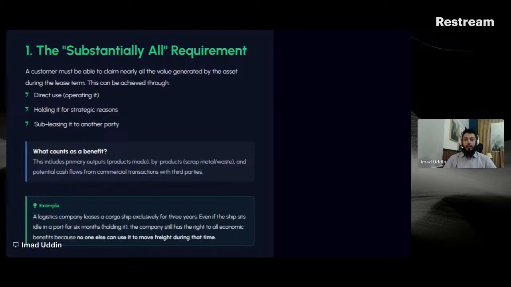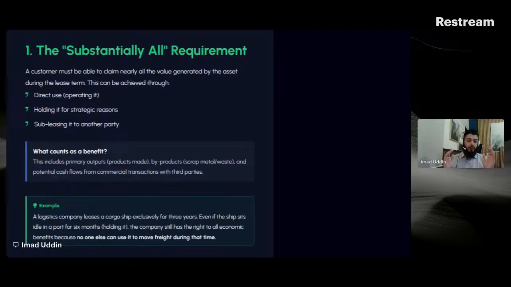It includes primary outputs, which means products made, byproducts, scrap metal waste, and potential cash flows from commercial transactions with third parties. So I can even use it for myself. I can produce output from it, or I can even give it to someone else for use and obtain benefit from it. But any restriction on use does not negate the substantially all requirement.